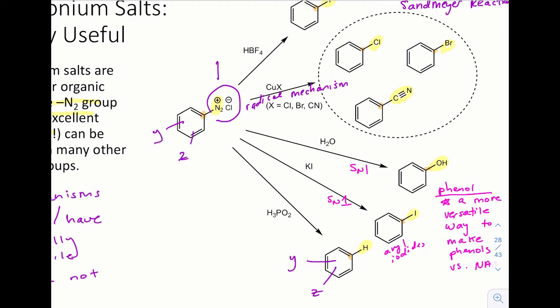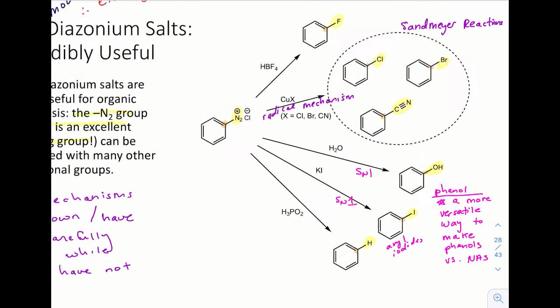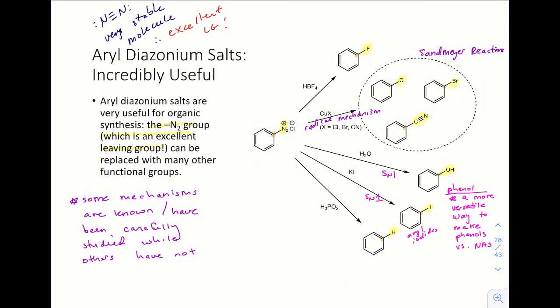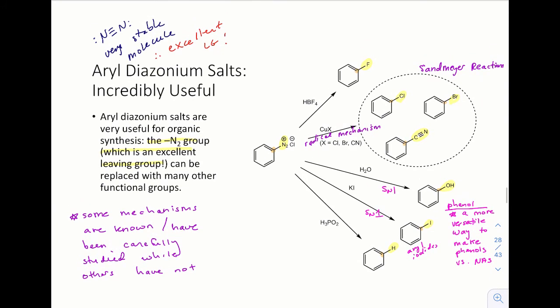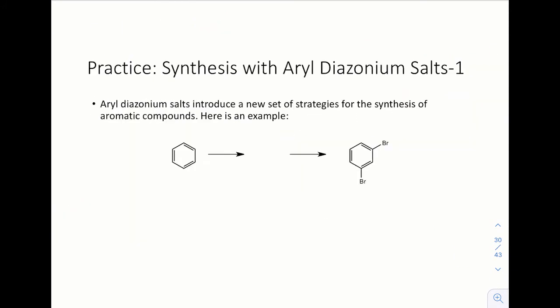So convert it into the aryl diazonium salt and then treat with hypophosphorous acid to replace it with a hydrogen atom. And it's like it was never there. All right, let's look at some examples of using these incredibly useful reactions in synthesis. Aryl diazonium salts introduce a whole new set of strategies for the synthesis of aromatic compounds.